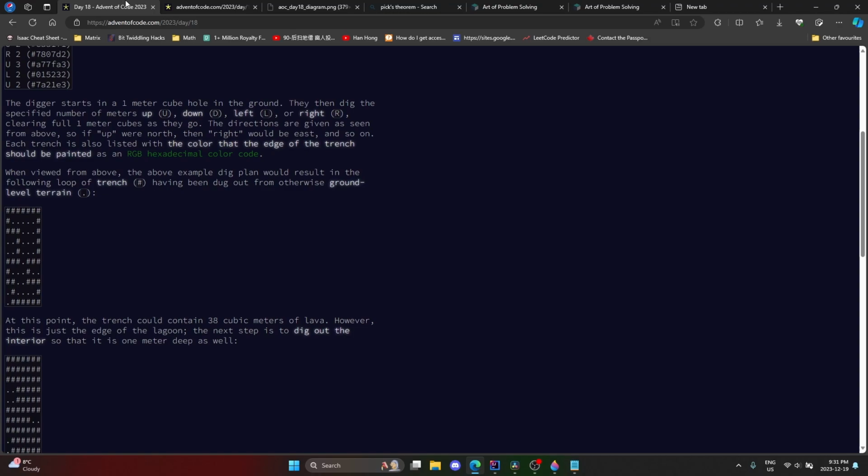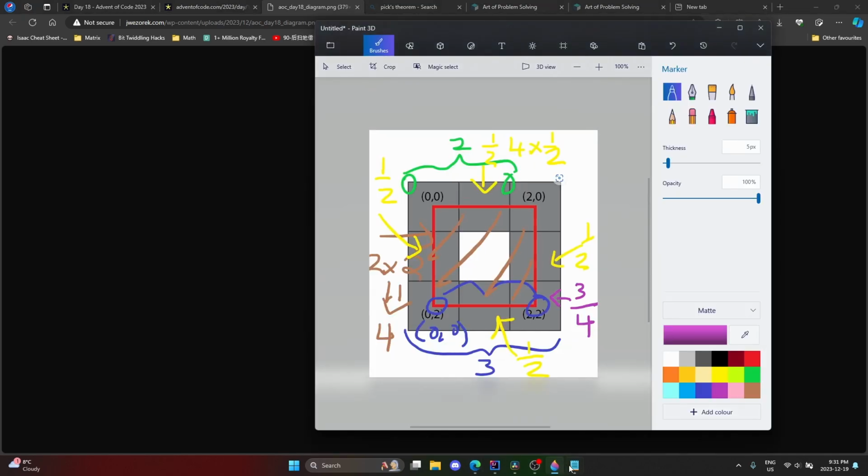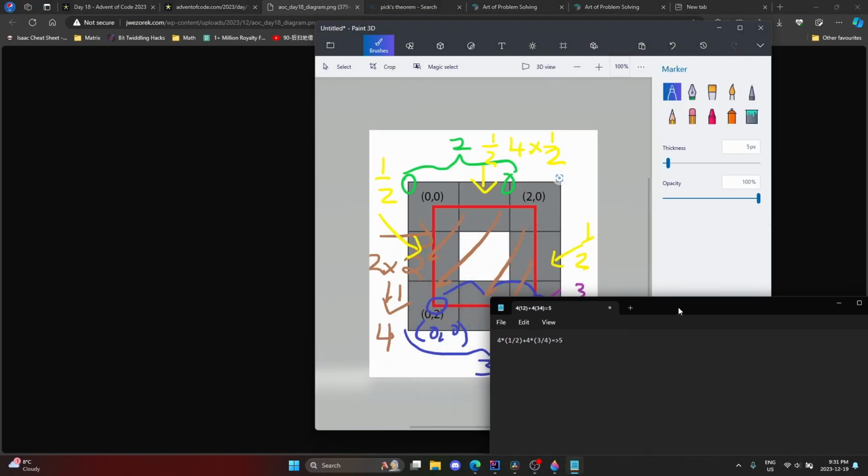Right, so I'll just put it here. So now we get the number of missing squares. So we have 4 from the shoelace, plus 5 for the missing squares.